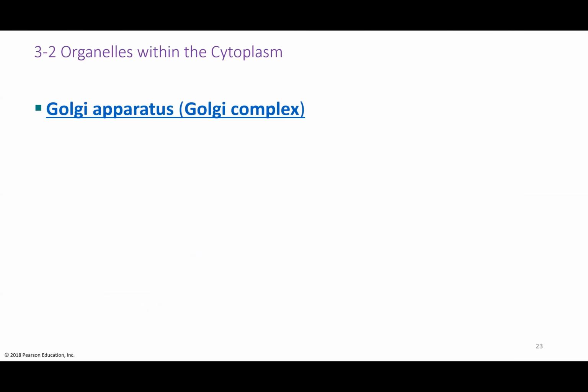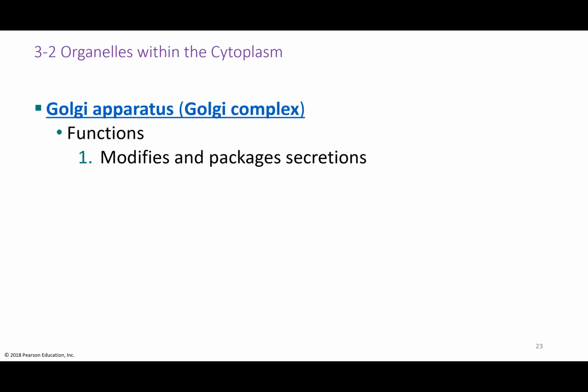Okay, the Golgi apparatus. We'll talk a little bit about the Golgi apparatus, and then we have a short video clip to watch to help illustrate what's going on, because it can be a little confusing as well. So functions: it modifies and packages secretions.